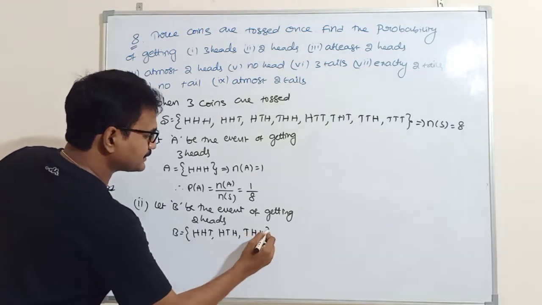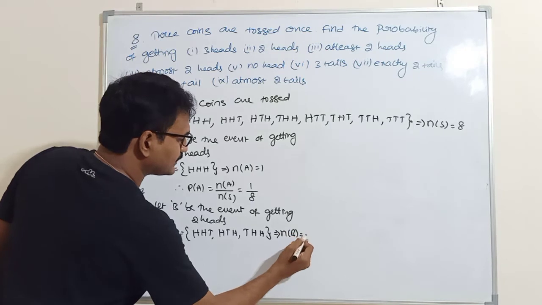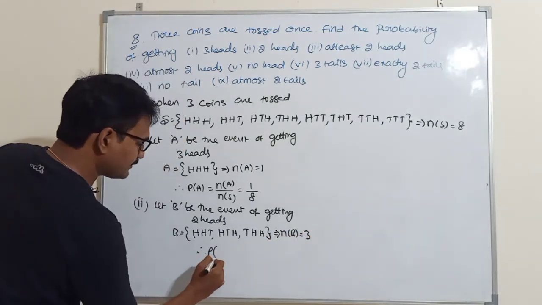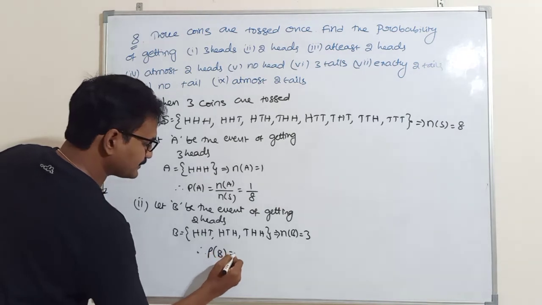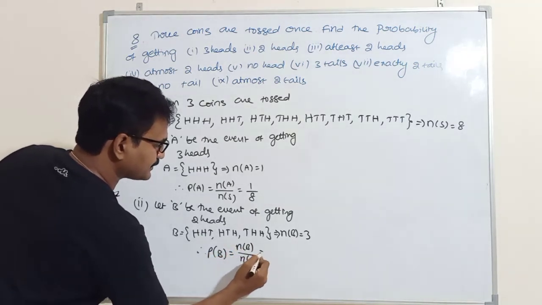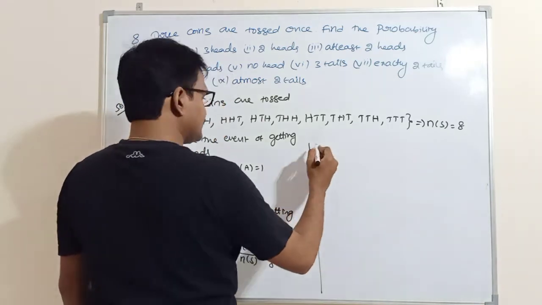That means number of sample points is 3. Therefore, probability of getting 2 heads is equal to n of B by n of S. That means 3 by 8.